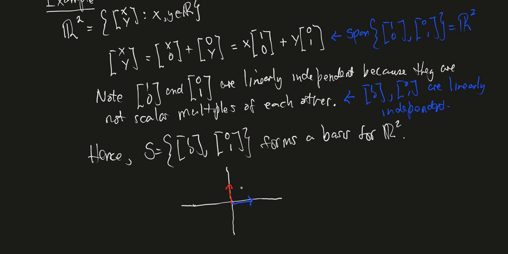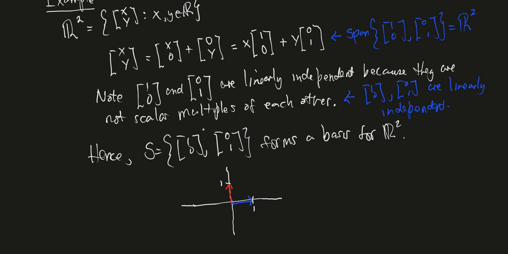So let me just put a little mark there. So that's 1, that's 1. And these two vectors are actually referred to as the standard basis for R2. And you might know them as the vectors i and j, right? So some of you would have seen the vector 1, 0 is the vector i, 0, 1 is the vector j.